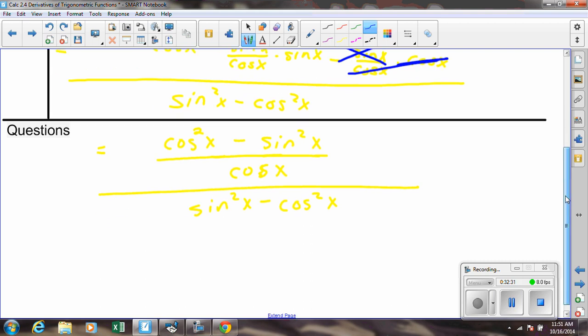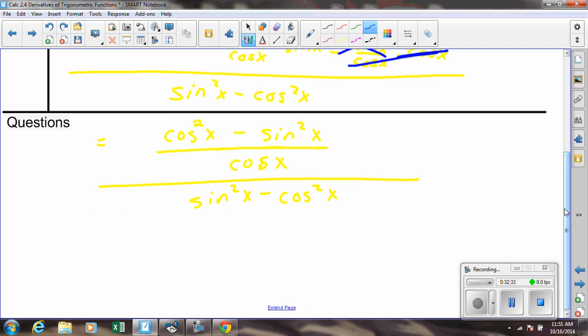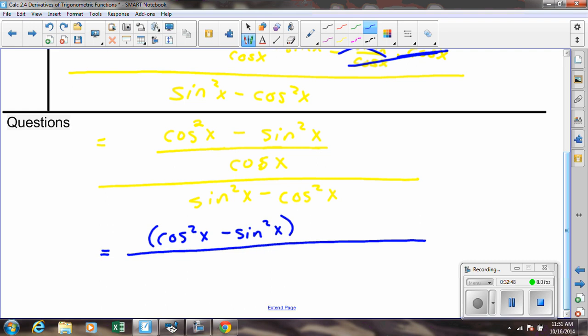Well, we also know further that we could rewrite this as cosine squared x minus sine squared x over sine squared x minus cosine squared x times cosine of x. That's using the same rule that I had before.